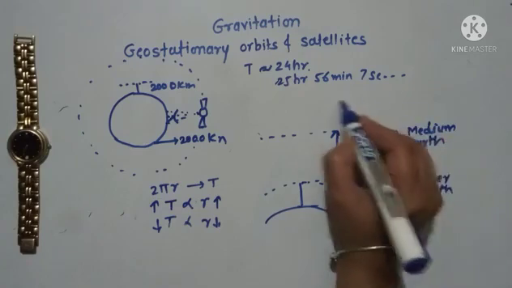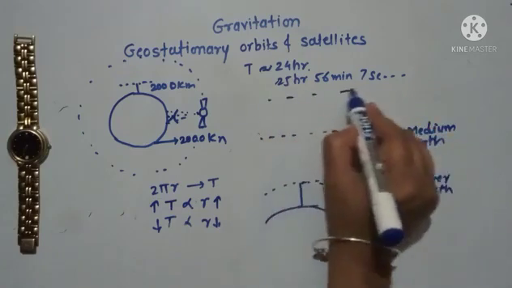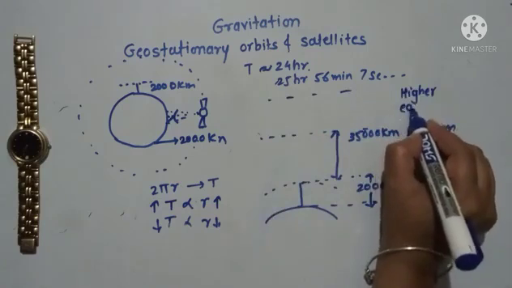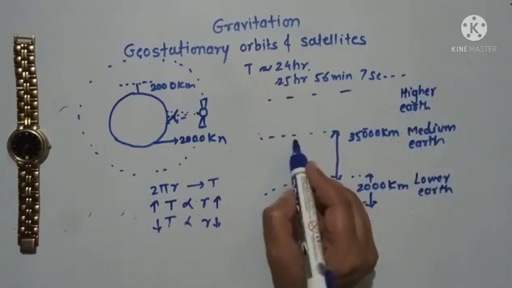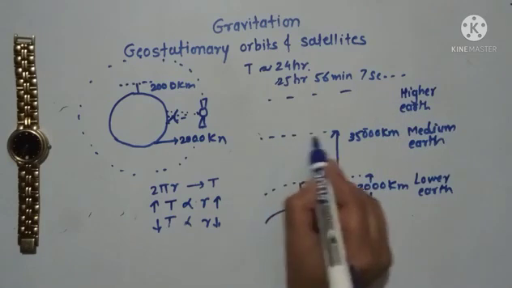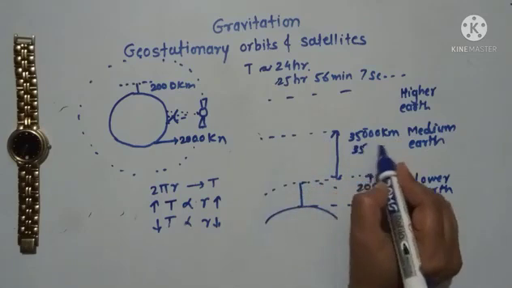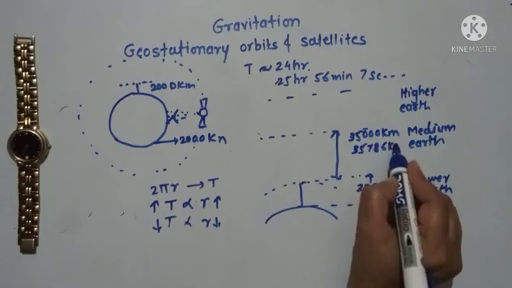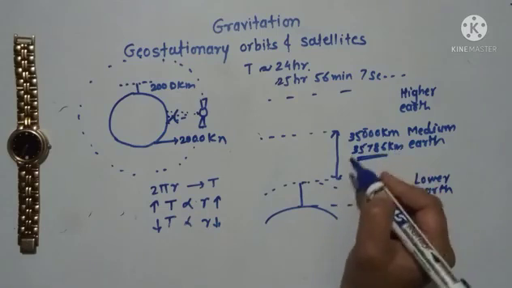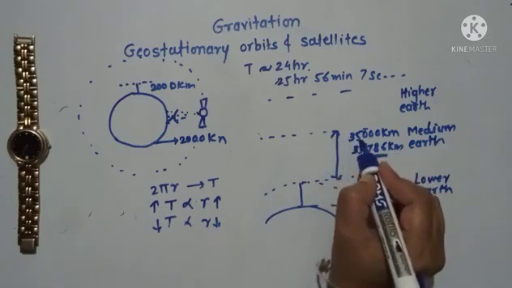Above 35,000 kilometers, these are called higher earth orbits. The geostationary orbit is one which is revolving at this 35,000 kilometers, actually exactly 35,786 kilometers.